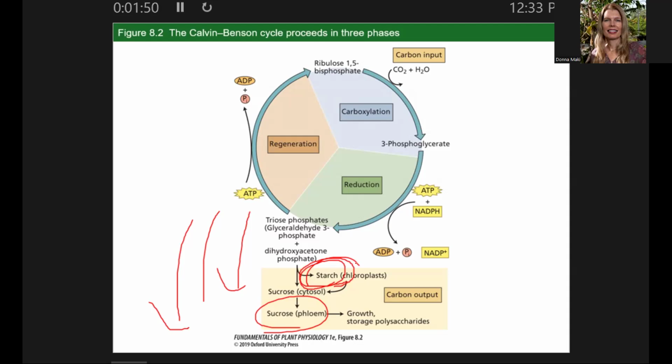And so the Calvin cycle is kind of linked into sucrose synthesis, but as you follow what's going on with the Calvin cycle, if that keeps going round and round and round, you definitely can have some G3P getting used for sucrose or starch. Any questions on the Calvin cycle right now?